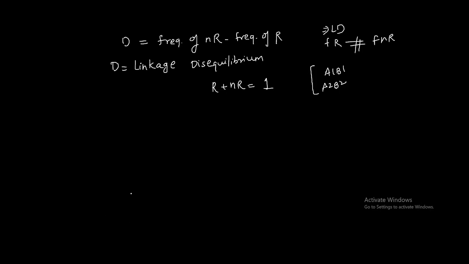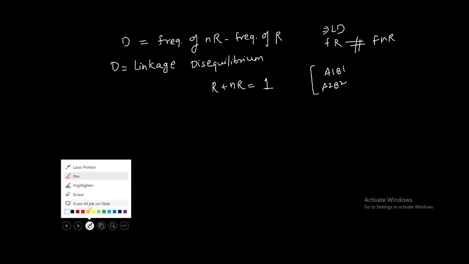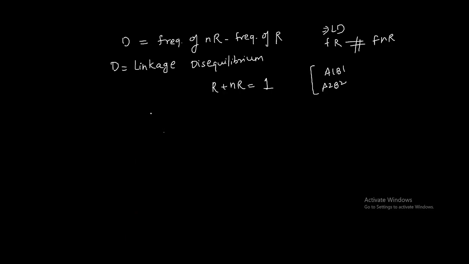Now understand this with an example. Let's say there are two blood groups, MN and Ss, and suppose this is M, this is N, this is S, and this is a small s.